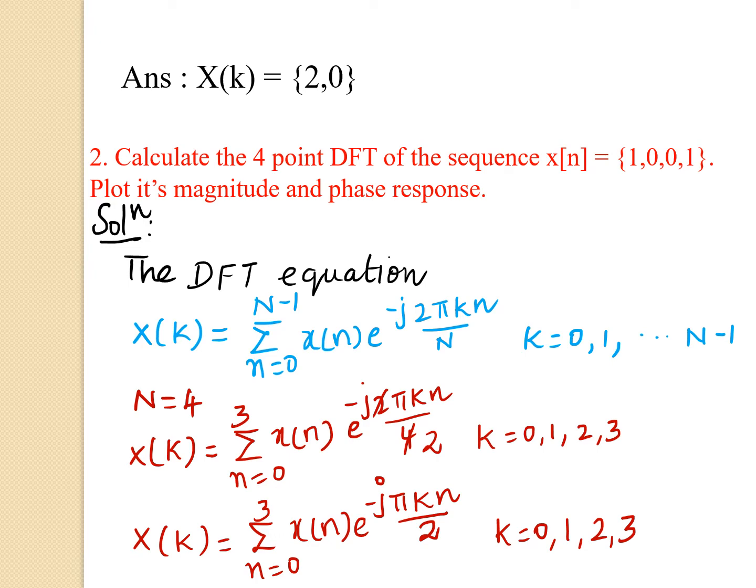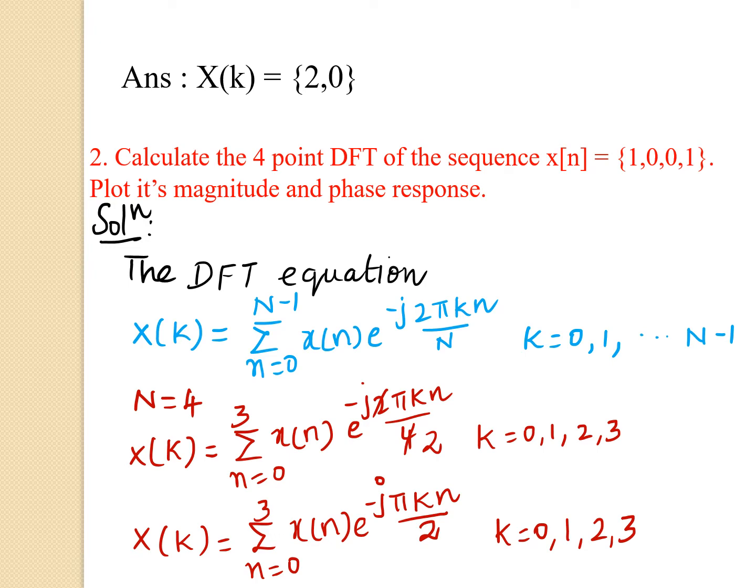So x of k is equal to summation extending from n is equal to 0 to n minus 1. So this capital N could be replaced with this 4. So 4 minus 1 becomes 3 into x of n into e power minus j 2 pi into kn by the capital N, which is nothing but 4. So we can write, and k is equal to 0 to n minus 1.